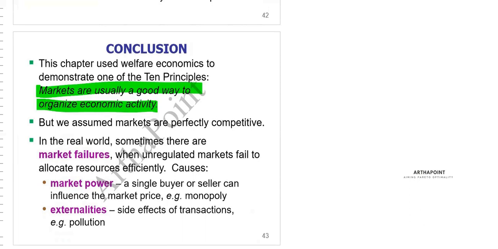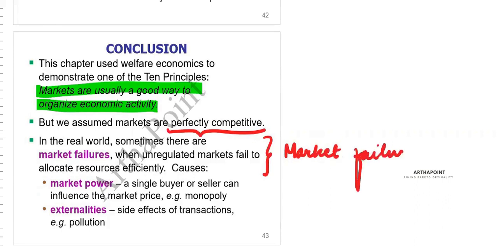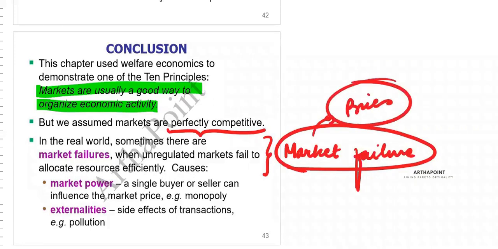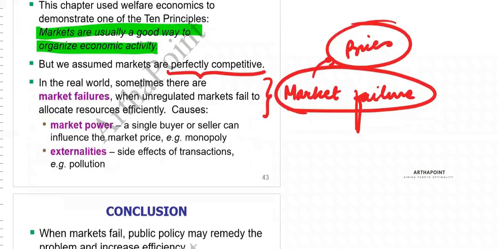However, in this chapter, we assumed perfect competition. In the real world, we have something which is known as market failure. Market failure is when markets fail, when prices are not enough in the market. There are various examples of market failure.